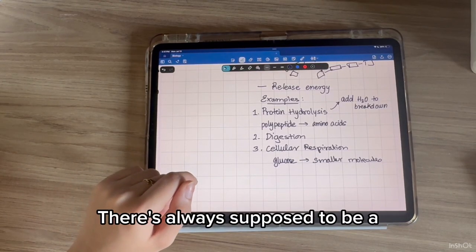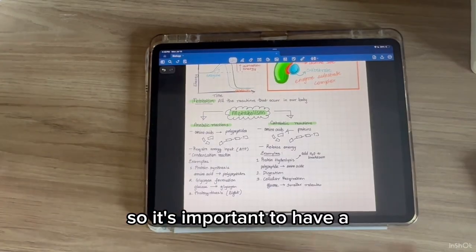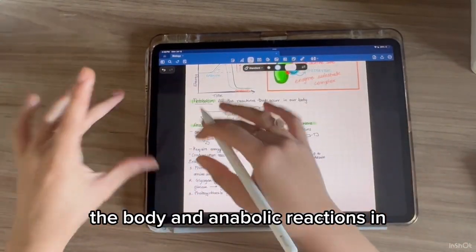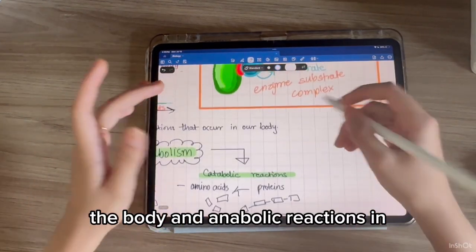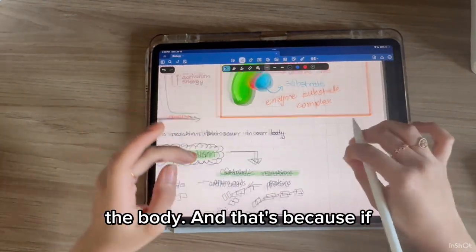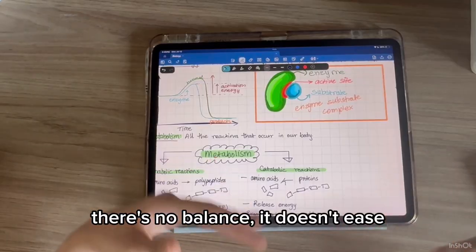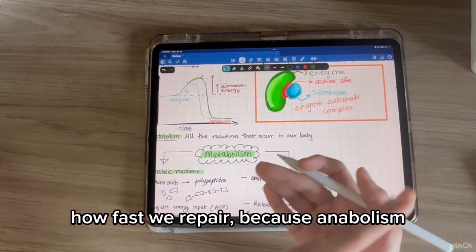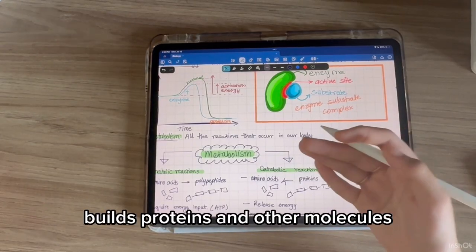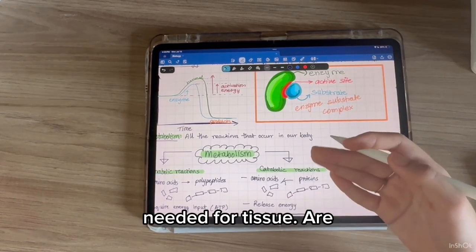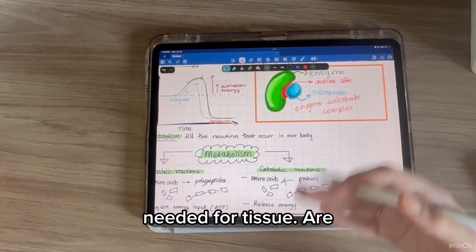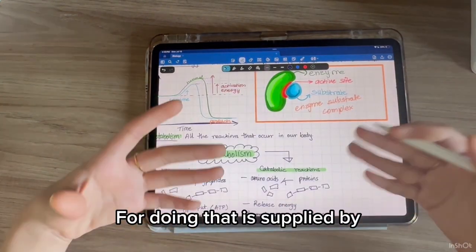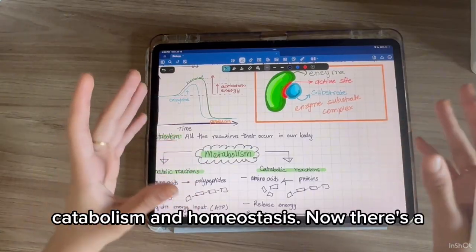It's important to have a balance between catabolic reactions and anabolic reactions in the body. That's because if there's no balance, it affects how fast we grow or how fast we repair. Anabolism builds proteins and other molecules needed for the tissues, and the energy for doing that is supplied by catabolism.